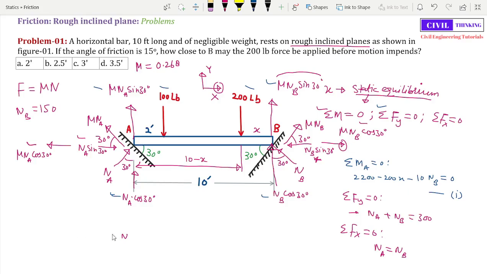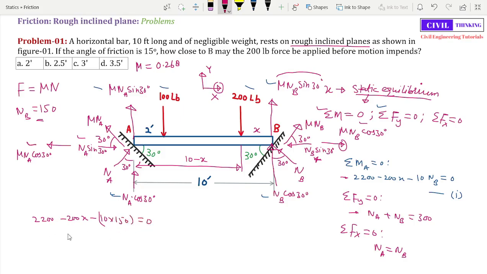So let me first erase this. Now Nb is 150 pounds, so I will put the value of Nb in this equation. Let me write 2200 minus 200x minus 10 Nb, Nb is 150, equal to 0.